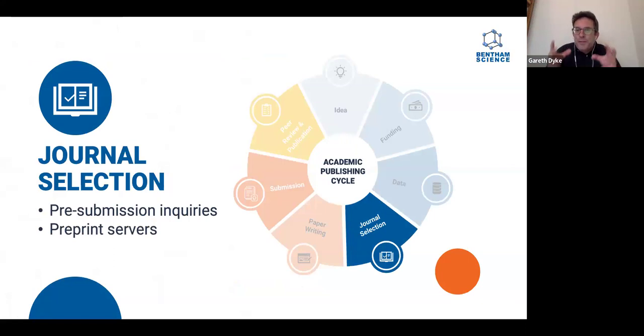Let's talk about the first of the 3 elements of this training session today. Let's recap some information that we talked about in the first of our sessions in this series about journal selection and how you can maximize the potential impact of the research that you're thinking of writing up and publishing in an international journal.